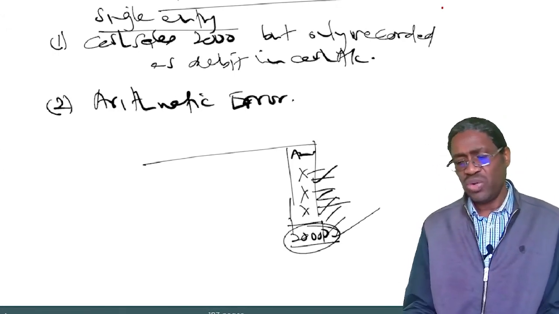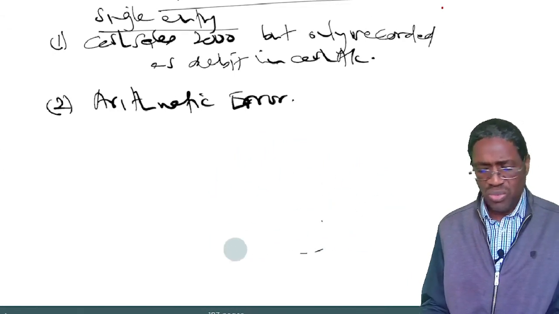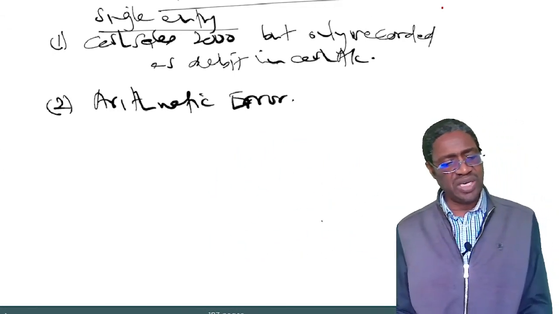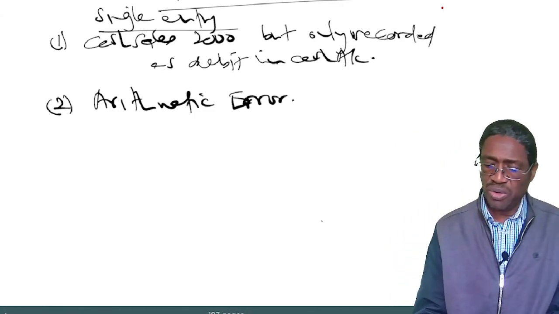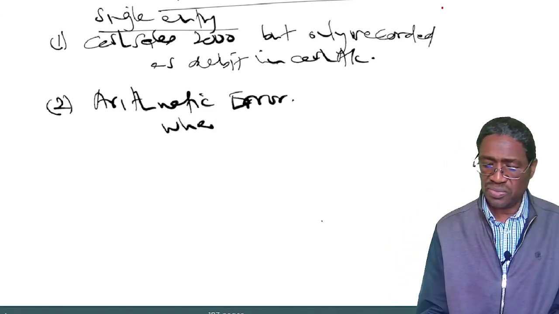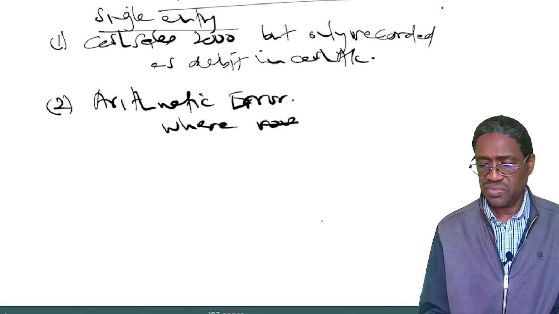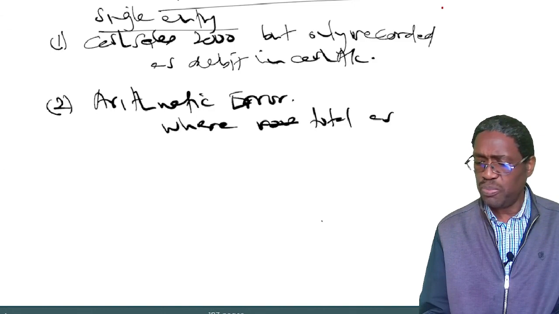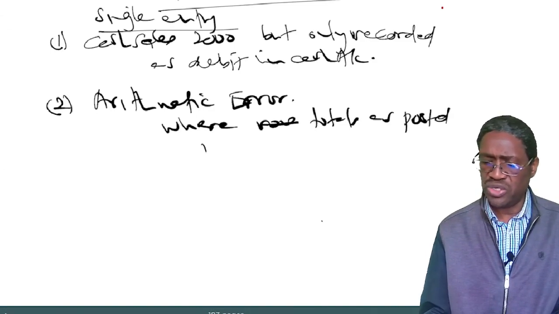No. So if there is such an arithmetic error, then the trial balance will never balance. Where we are giving an example where wrong totals are posted to the ledger accounts.